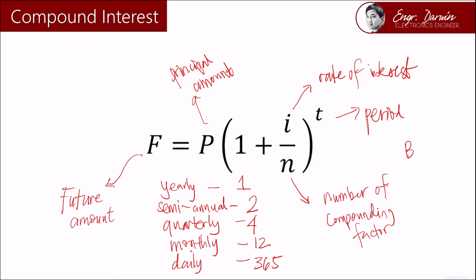And also we have what you call the bankers, which is using 360 days as our factor on finding or solving for our compound interest.